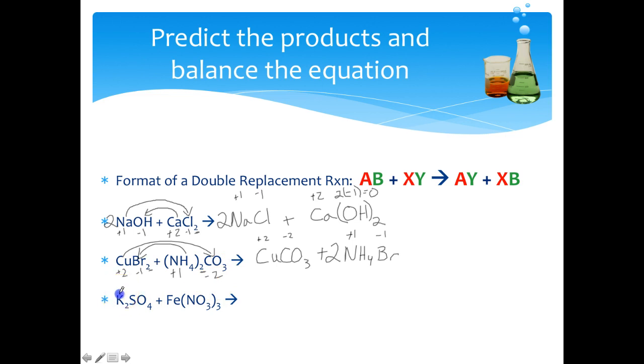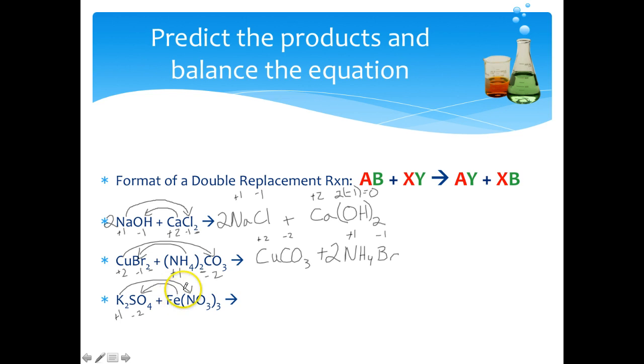All right, so potassium is going to square dance and join up with nitrate. And iron is then going to turn around and join up with the sulfate. Charges, potassium's in group 1. It has a +1 charge. Sulfate, polyatomic ion chart, has a charge of -2.